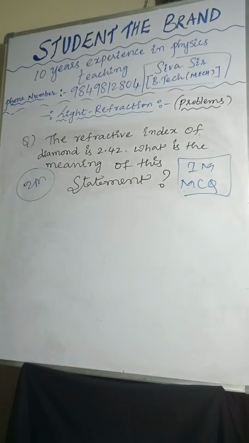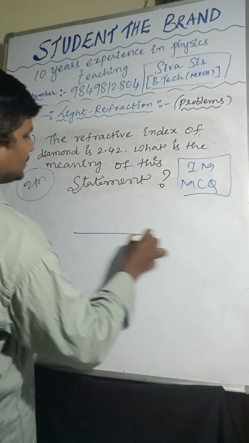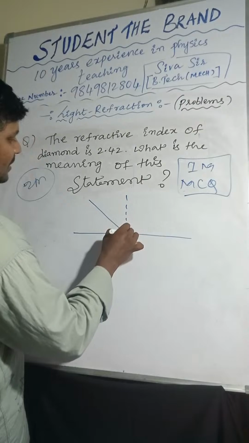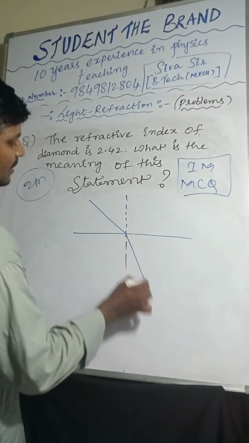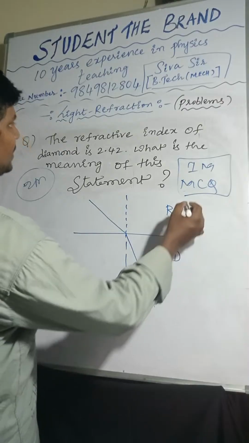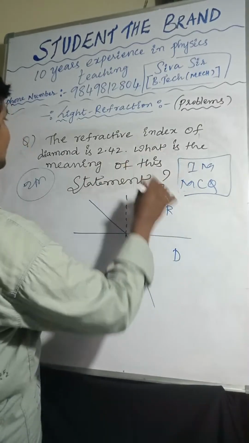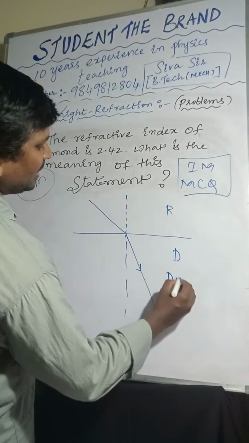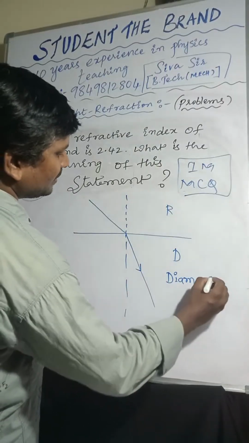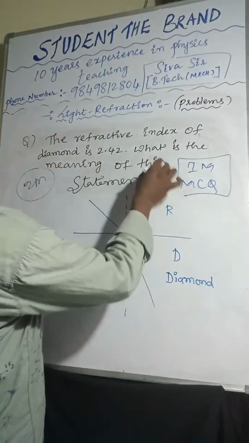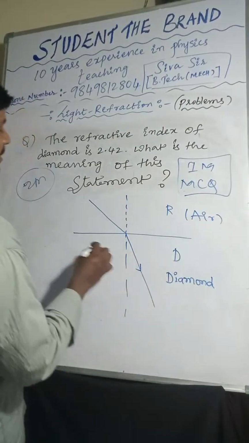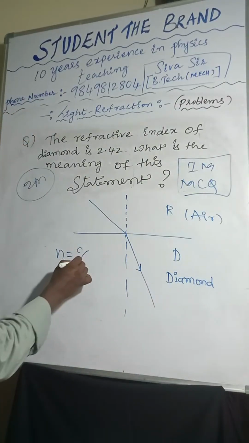I will tell. Normally I said absolute refractive index. Always keep that in mind. This is a rarer medium, and this is a denser medium. Suppose I am taking the refractive index of diamond. So this is the diamond, and this is air. I am considering with respect to air only. That is nothing but absolute refractive index.